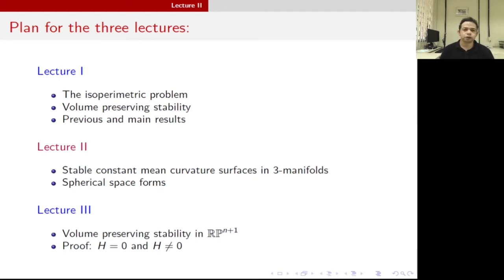So some of the results work in generality, but I will restrict in this video to space forms, and at some point I will also focus on space forms of positive curvature. And the main reference will be the real projective space RP3.